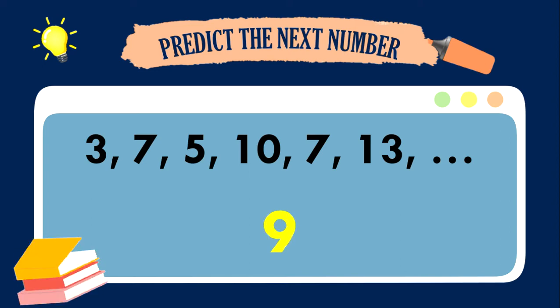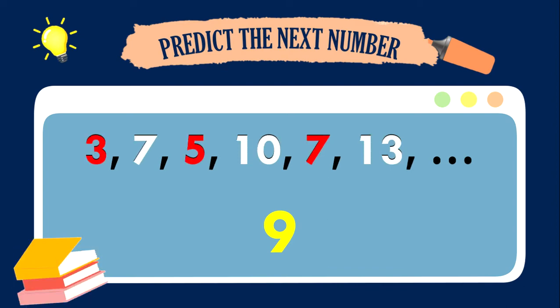Notice that we need to consider the odd and even terms here. We have the odd terms 3, 5, 7. Obviously, it increased by 2. So 3 plus 2, that's 5. 5 plus 2 is 7.